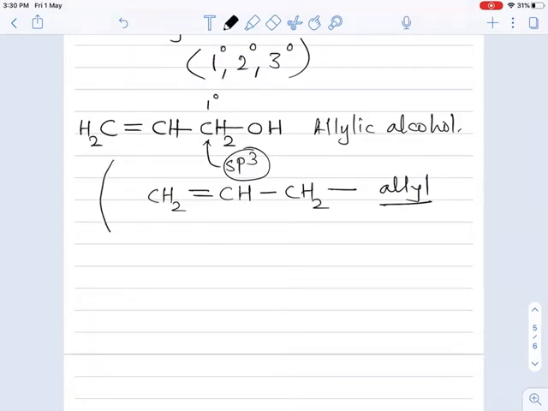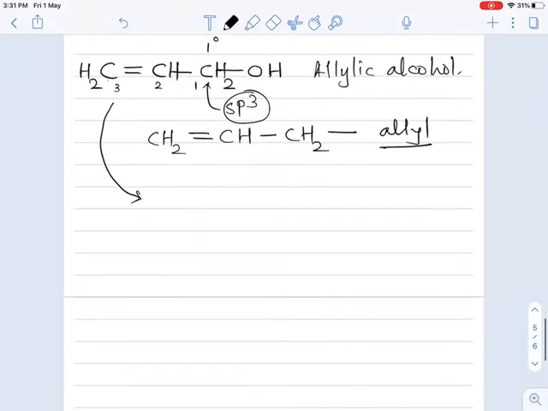So what's the IUPAC name of this compound? See, the 3 carbon containing chain, the OH group is attached to carbon number 1. So if we number the chain, it gets carbon number 1, 2 and 3. The prefix used for this 3 carbon chain is prop.